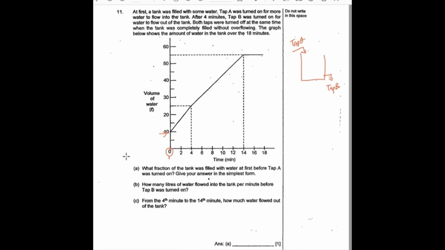So when the tank was completely filled, it turned it off. The graph below shows the amount of water in the tank over 18 minutes. So this is 18 minutes.